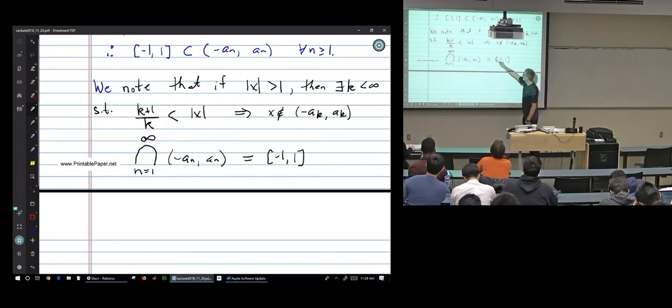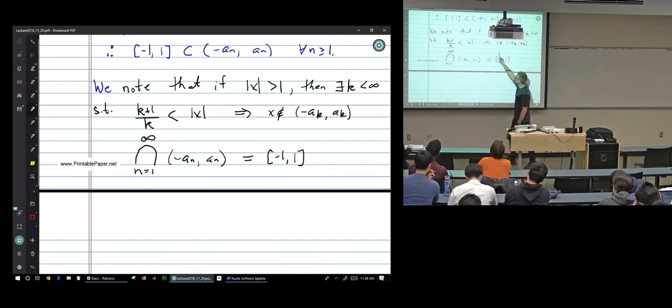Well, if something's in the complement of this, then the magnitude of it is bigger than 1, and then it's outside of one of these sets eventually, so it's excluded from the intersection when n gets sufficiently large. Okay? So the intersection is closed.